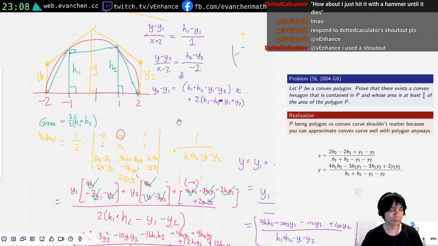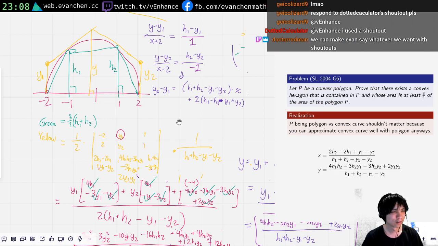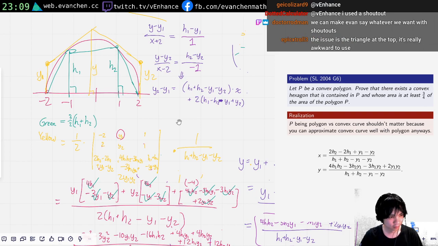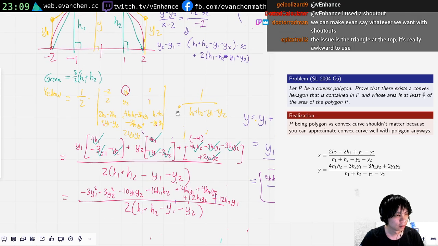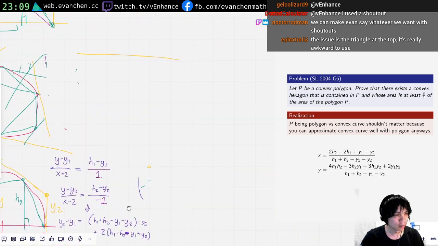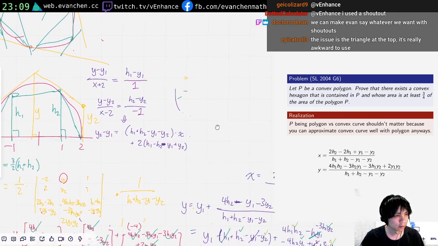No one's figured out a geometric dissection for this, just at all? In the equality case, y1 and y2 are what?